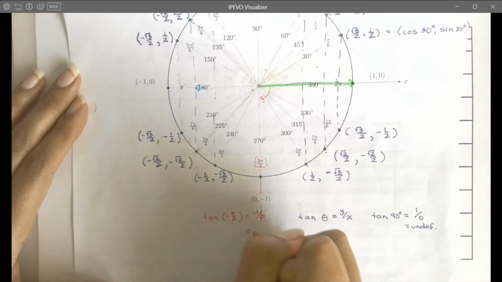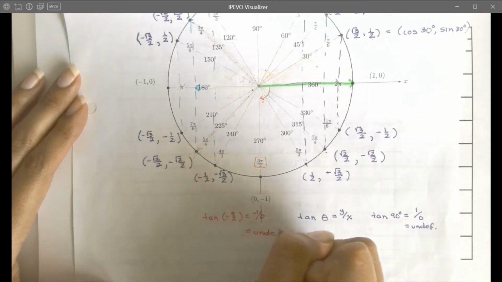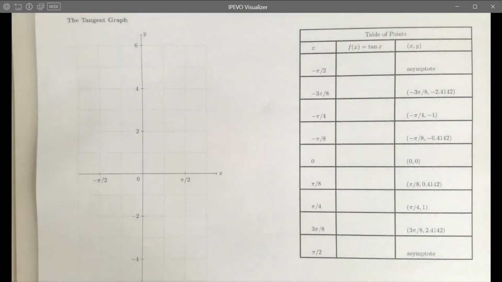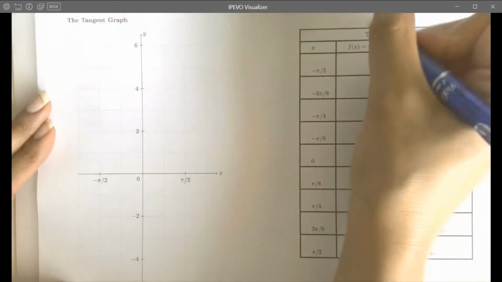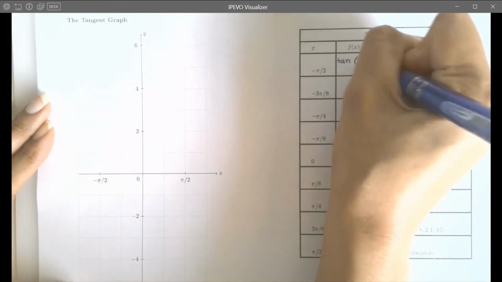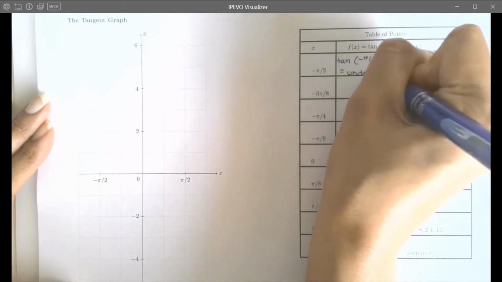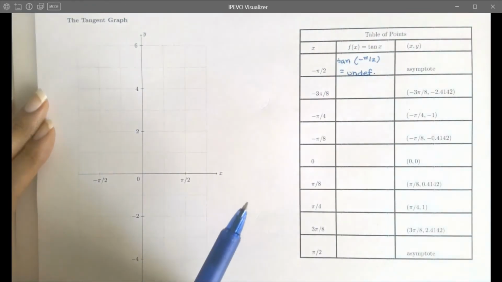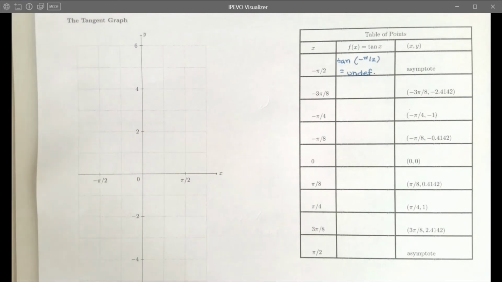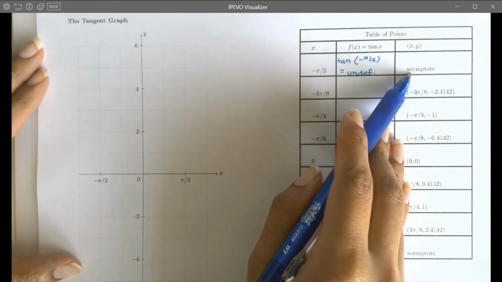And so we're going to get undefined. So tangent of negative pi over 2 is undefined. And that always corresponds to an asymptote, already listed here.